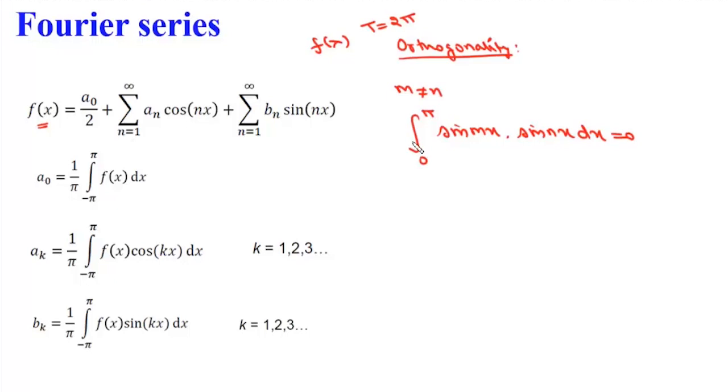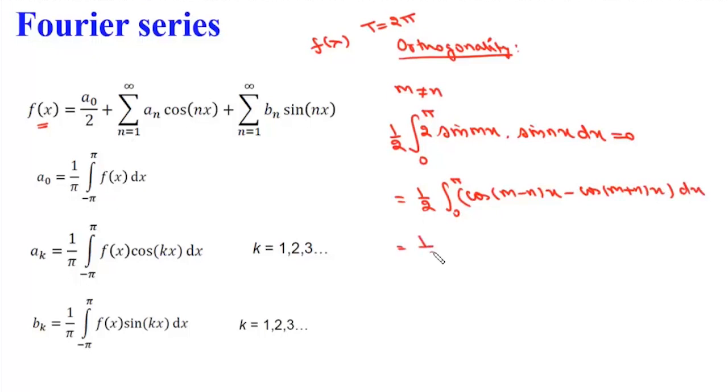Now we can prove this also. If we multiply it with 2 and divide it by 2, then we can write this as 1 by 2, and then from 0 to pi, now this is 2 sin a sin b, which is cos(a minus b), and that will be cos (m minus n)x minus cos (m plus n)x dx.